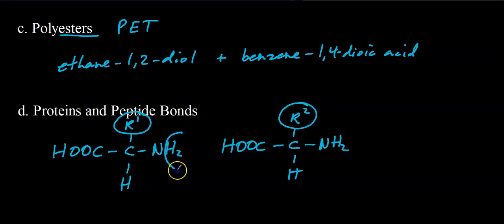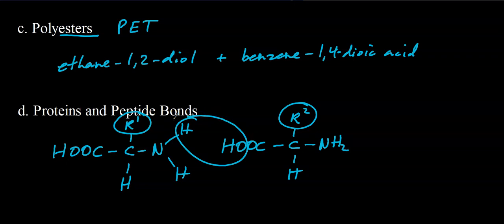So again, we have our water. Let's back up. There we go. Let's try that again. One of these hydrogens, so maybe I should draw that out again, just so you can see. Hydroxyl group from the acid, hydrogen from the amino group.